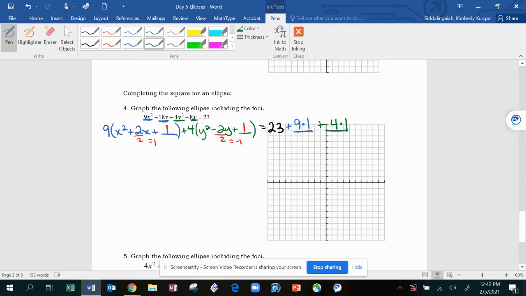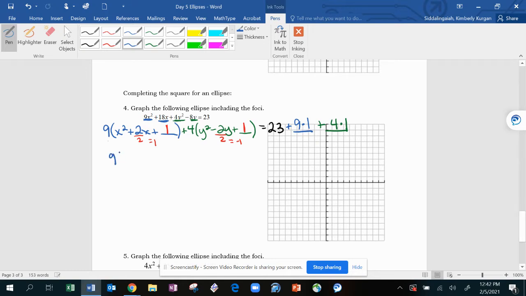So 2 minor switches to our completing the square. One is that we have to factor out the number first, and the second is that when we're adding to the right side, we have to take into account that number we factored out. So most other stuff is going to work the same way.